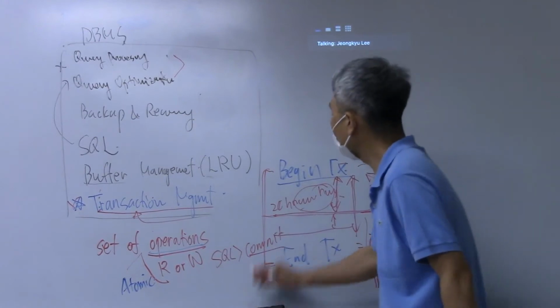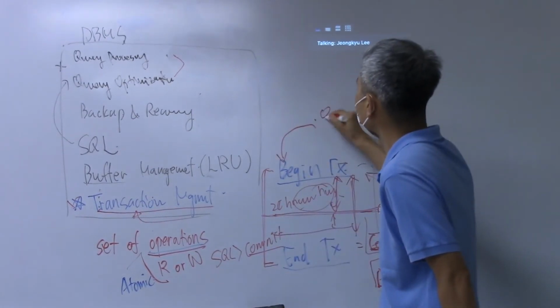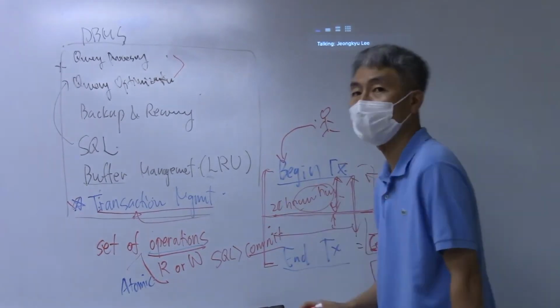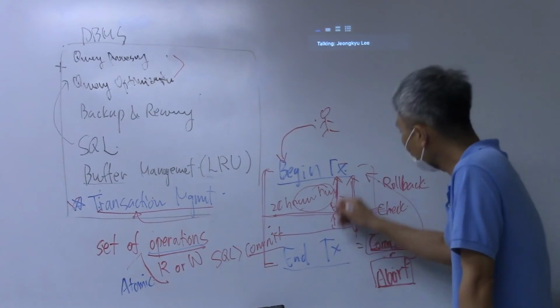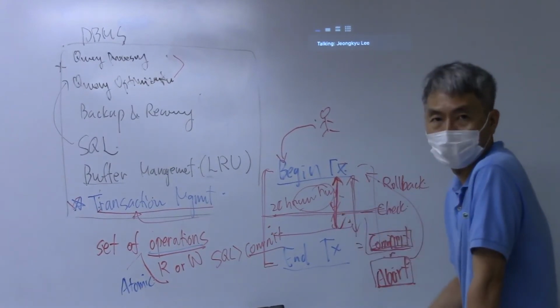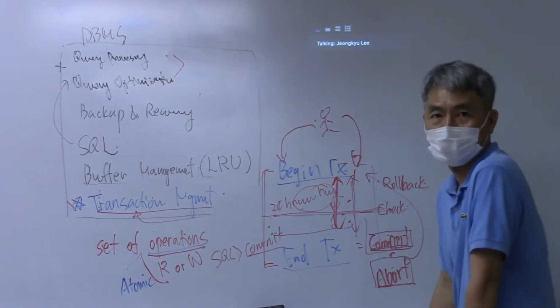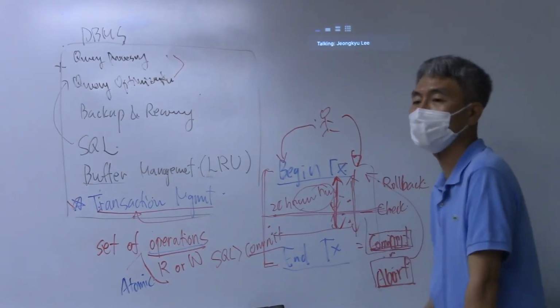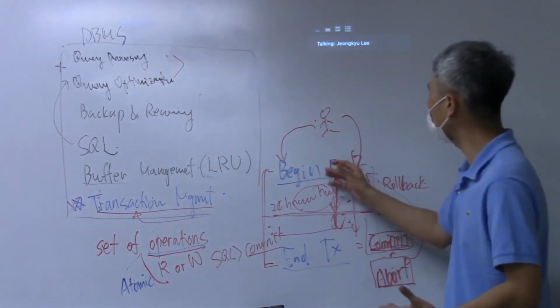If you commit, other users can access the changed data because it's a permanent apply. If you do not commit yet, it's only available in this transaction, so other users cannot access the data. That's the commit. So you need to always end the database transaction with the commit.